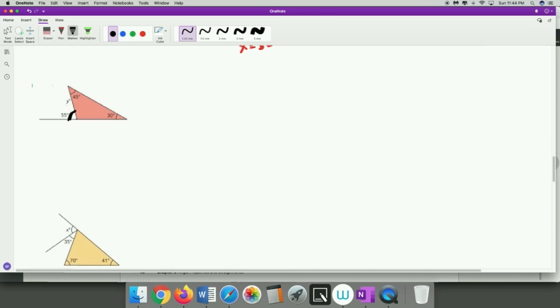Remember, this exterior angle is equal to the sum of the two opposite interior angles. So this exterior angle is equal to 45 plus 30, which is 75. So this whole angle right here is equal to 75 degrees.